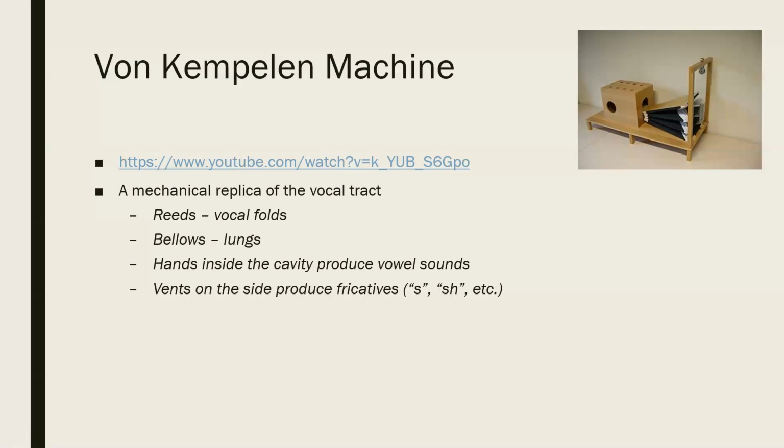There are also some vents on the top, which can make some kinds of hissing sounds, like you hear in fricatives, like sa and sha, for example. In this way, this is a mechanism which can imitate a lot of the sounds that a human can actually produce. What I'd like to invite you to do is listen to this machine and find out what limitations it has.